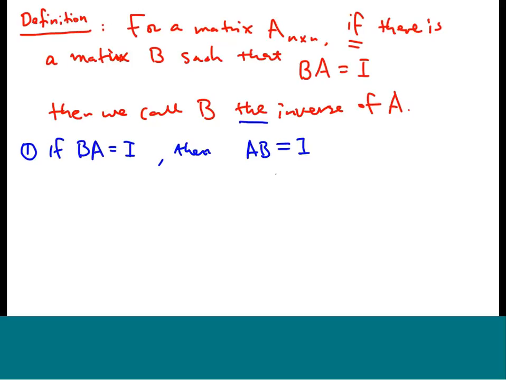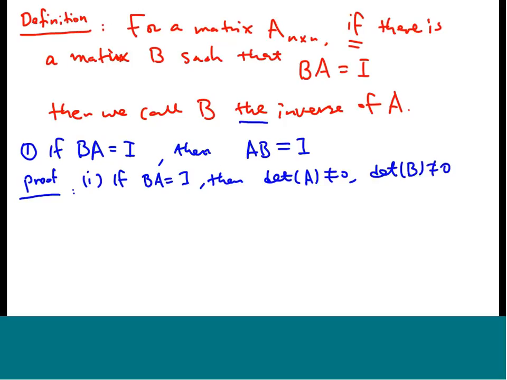So the first step: if BA equals I, then the determinant of A is not 0, because it cannot be 0.